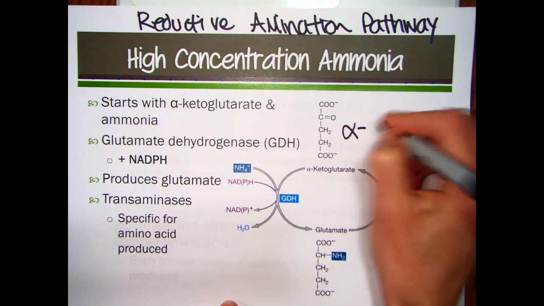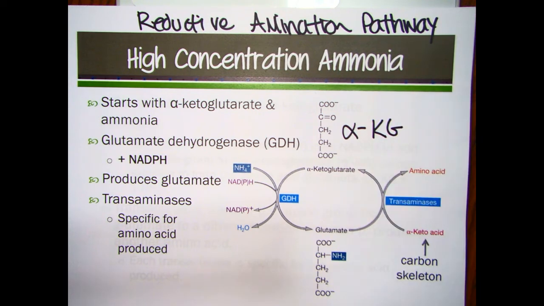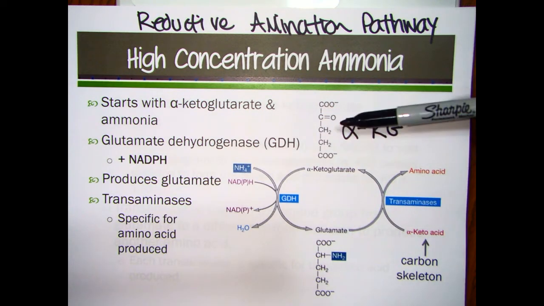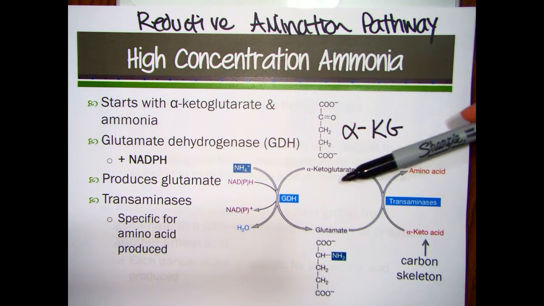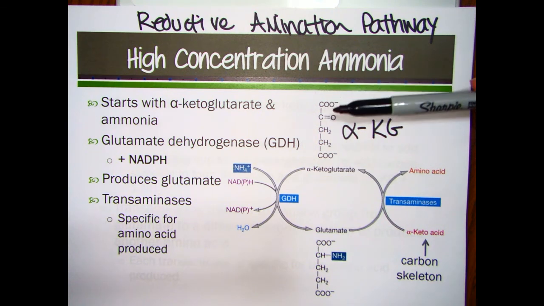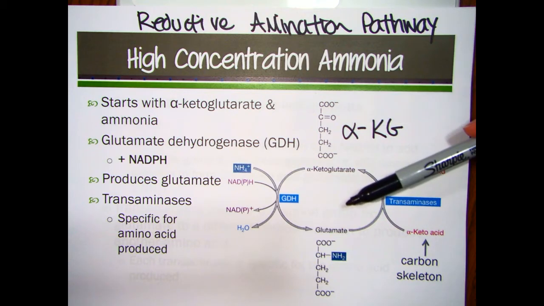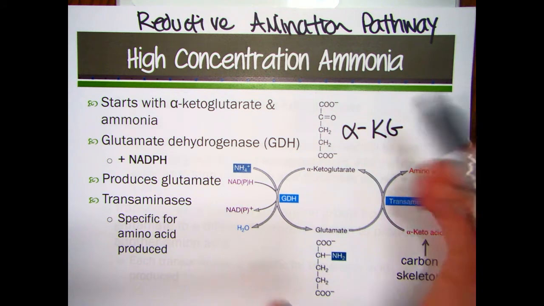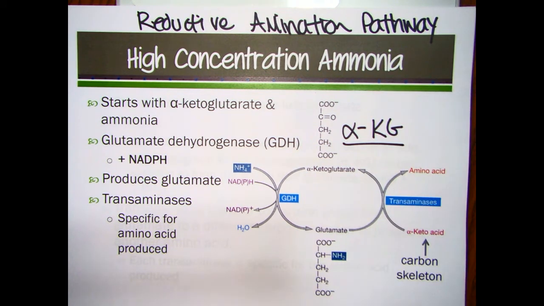So I am just going to call it alpha KG and teach you how it is involved in these processes, but I personally am not that concerned about the structure. So if looking at structures really helps you, absolutely look at it. If looking at structures does not help you and may be discouraging, do not look at it. This is what I am going to use and what you need to know.